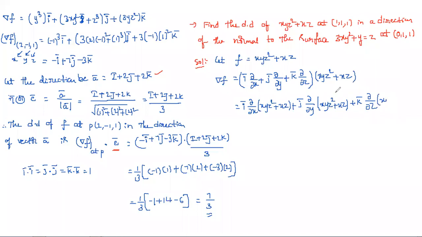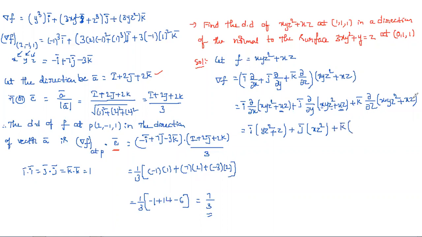Simply one thing here, your derivatives should be perfect, and the derivatives are also very easy. Well, we applied till now only one formula, x power n, right? So i into dou by dou x of this one, with respect to x means y and z are constants. So yz square as this, and the derivative of x is 1, plus the derivative of x is 1 and z is a constant, plus j into dou by dou y, with respect to y means x and z are constants, so xz square, the derivative of y is 1, and here there is no y term, obviously the derivative of that term becomes 0.